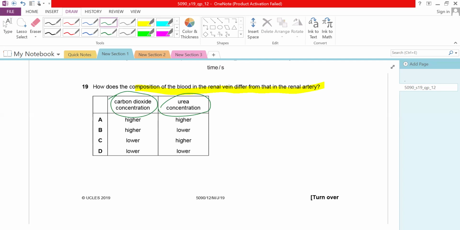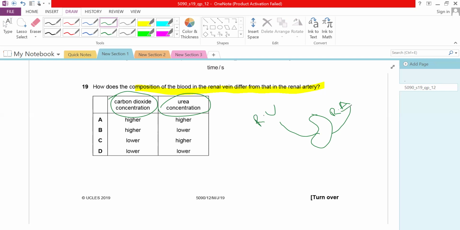For example, this is the kidney. The renal artery comes to the kidney and the renal vein goes away from the kidney.